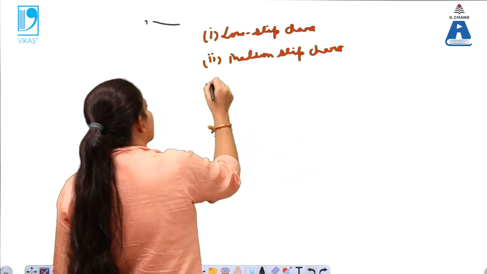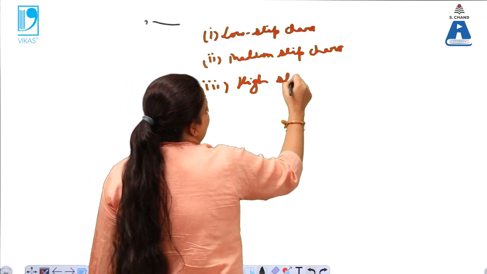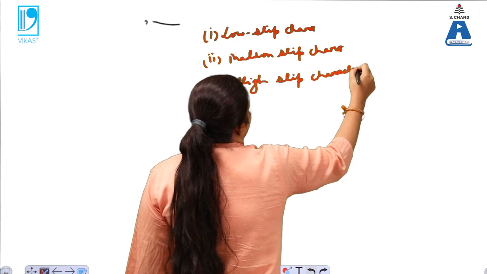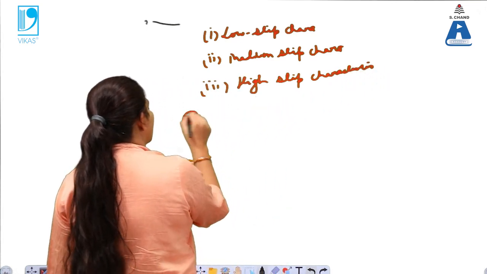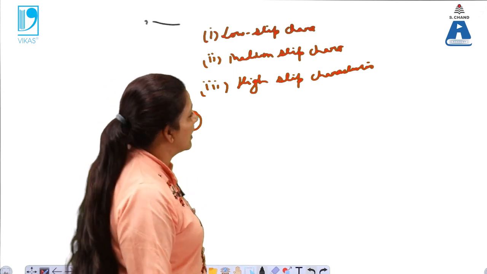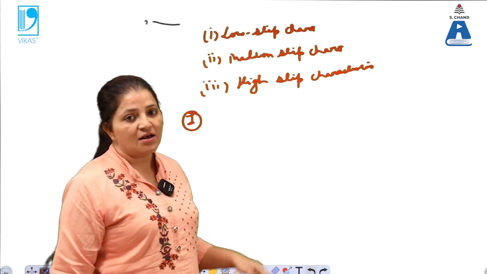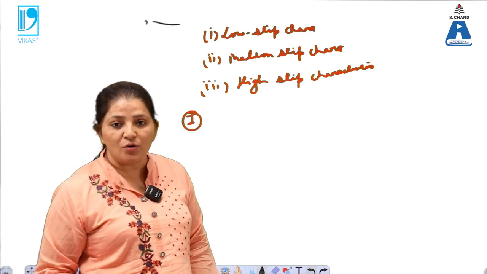And the third one is the high slip characteristics. In these cases, different values of the slip are introduced, and according to that, the different values of the variation of the torque are calculated.